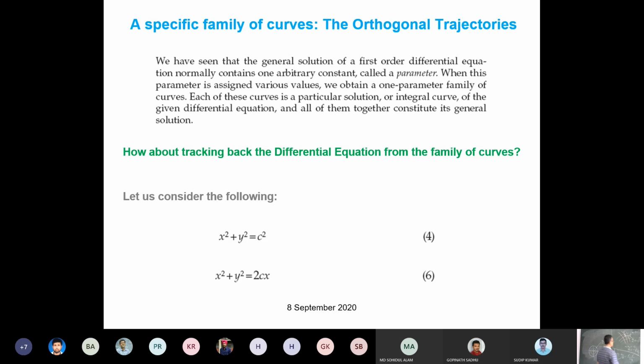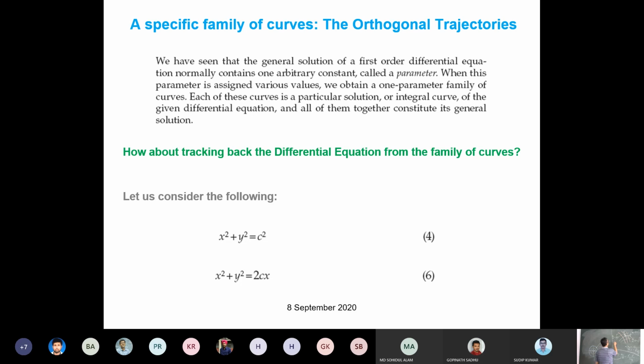Since I have already found the expression for the derivative of the function which represents the pink family of curves, the pink one will be represented by dy/dx equal to -1 by f of x, y.